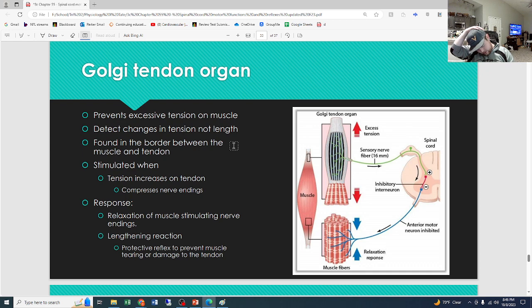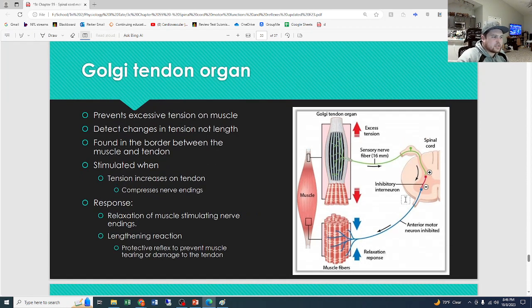As I'm going, there'll be a point where you'll feel it start to relax a little bit. And even there, see how I can get more stretch? A little bit more. That's the result of the Golgi tendon organ telling the muscles to relax as it gets more and more tension on it.